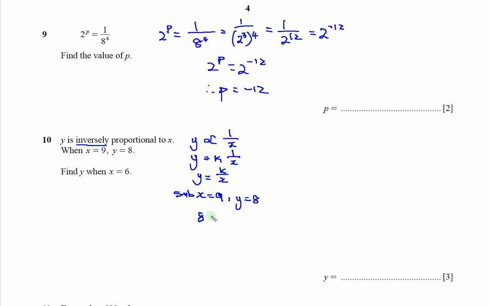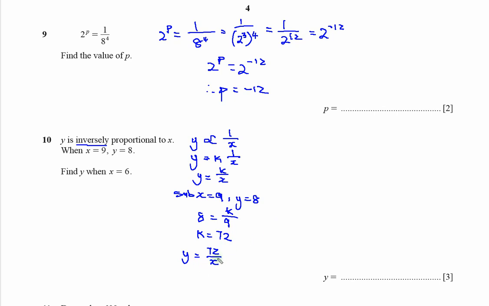This 8 equals K over 9, so K is equal to 9 times 8, so K becomes 72. Now your original equation of y equal to K over x becomes clearer when the K value is known. So it's 72 over x.